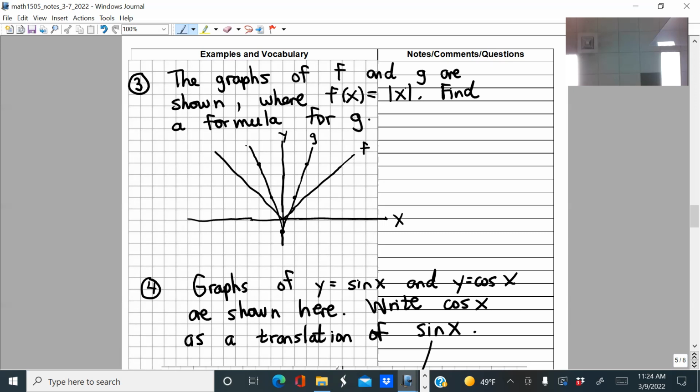May have several different transformations in it. But let's see if we can write down the formula for g based on f, which is just absolute value of x. All right, let's save that till we come back though. So let's come back at 11:30 and then we'll see if we can figure out what those transformations are.